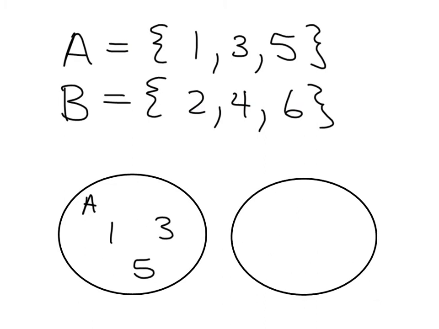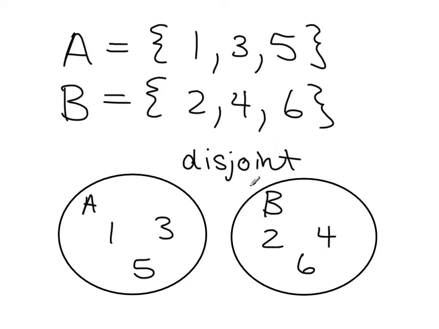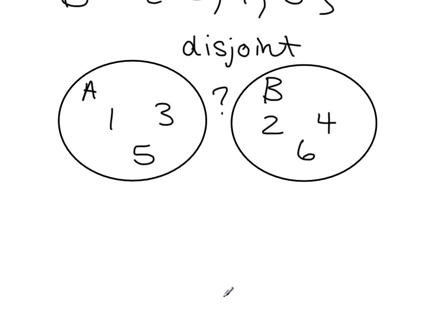B is what we call disjoint from set A. Disjoint means the two sets do not overlap, like our previous example. So when I want to find the intersection, there's nothing between these two sets.